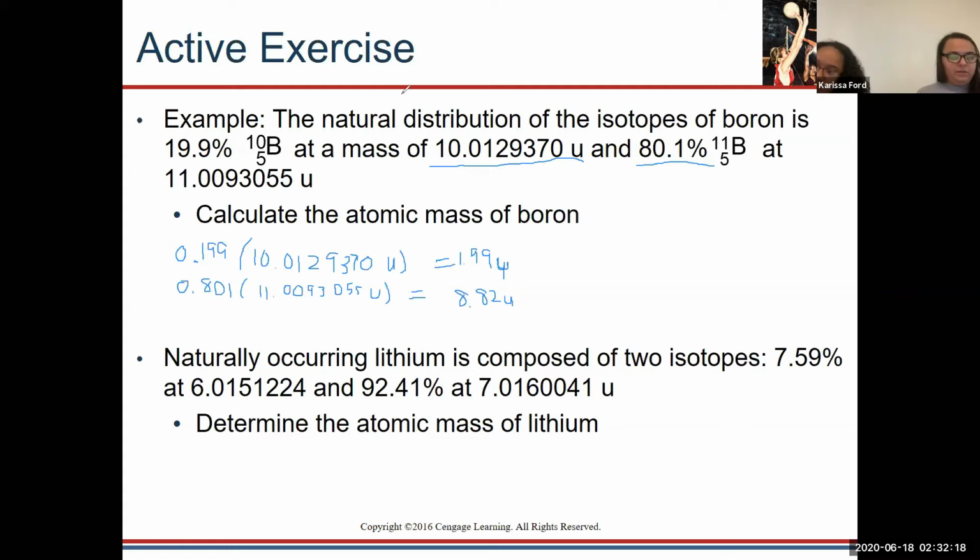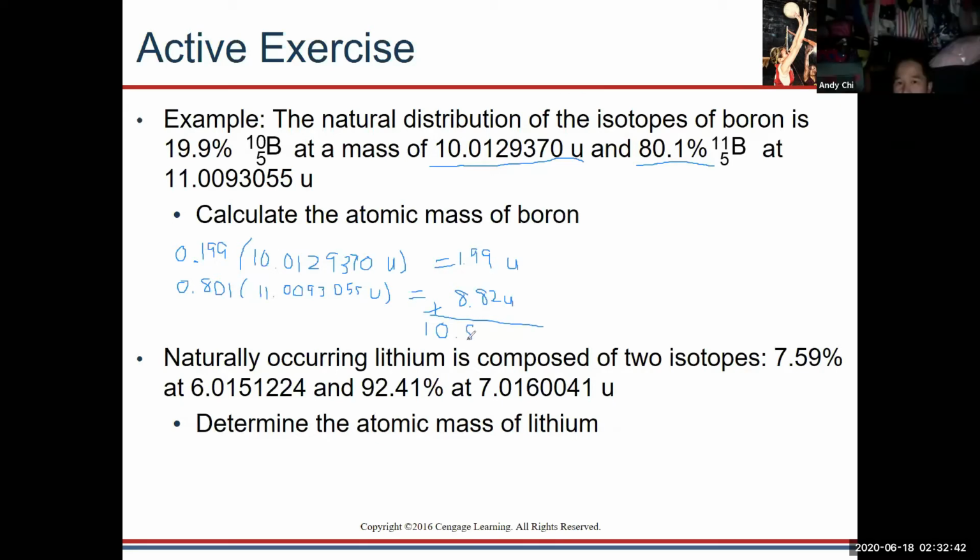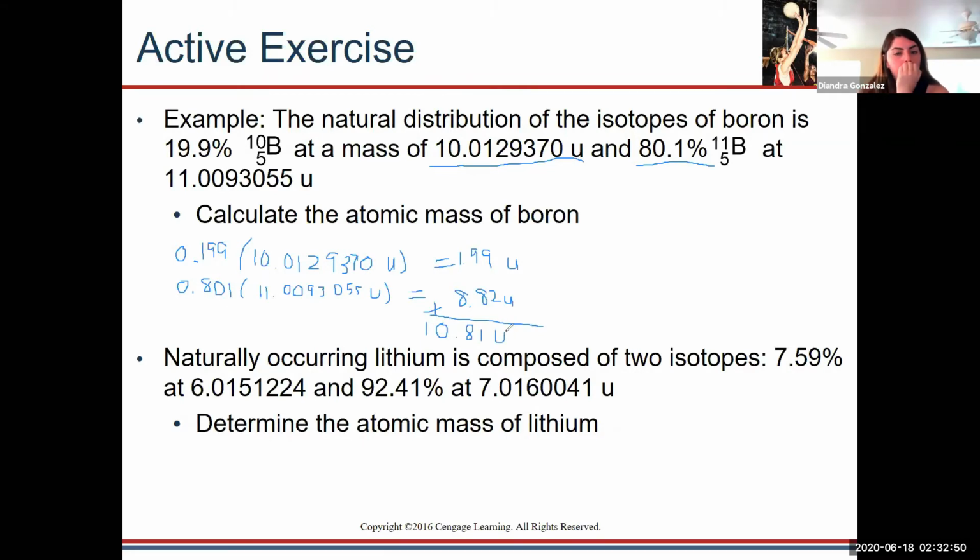The video breaks it down. So when we add them together, what do we get? 10.81. We'll use 3 significant figures. Okay, and how does that compare to what you see on your periodic table?